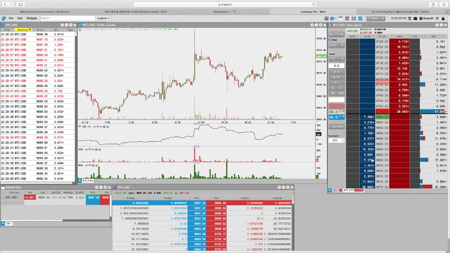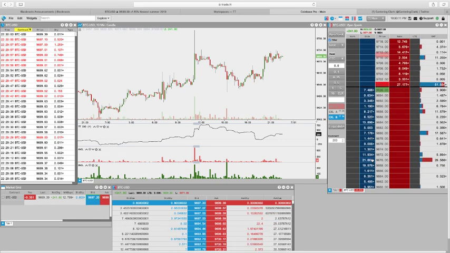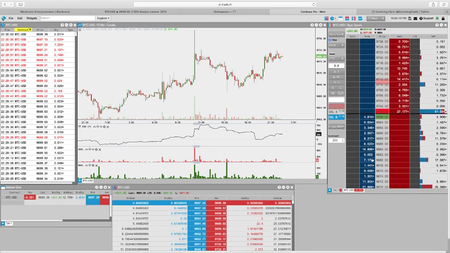Now, how do we actually use an order book when we're trading? How can an order book be useful to spot particular areas where we might want to get in, or where we might want to get out?